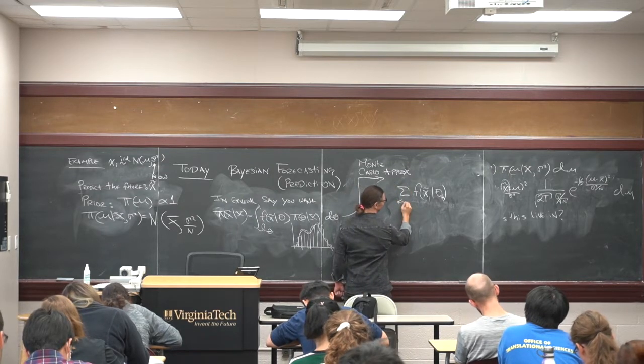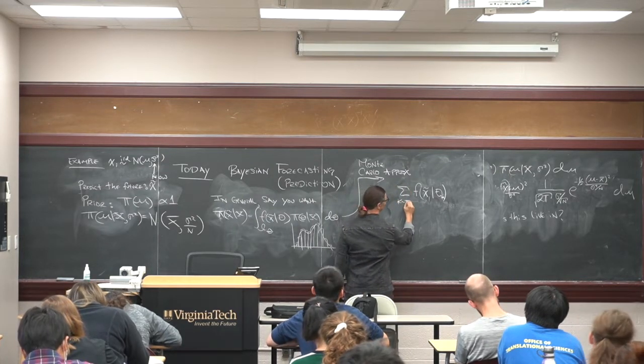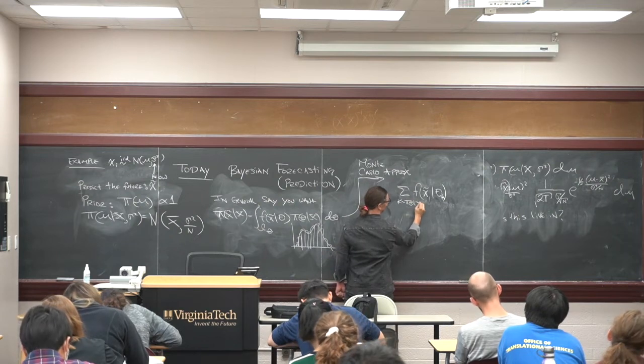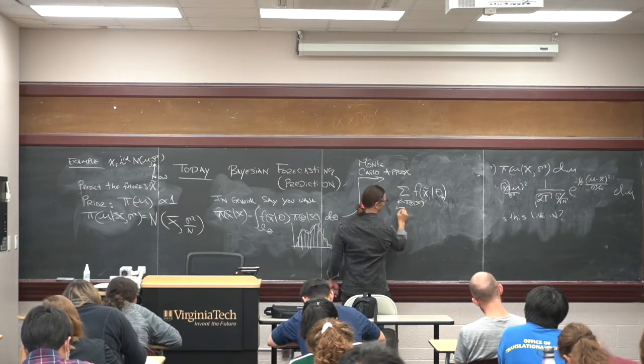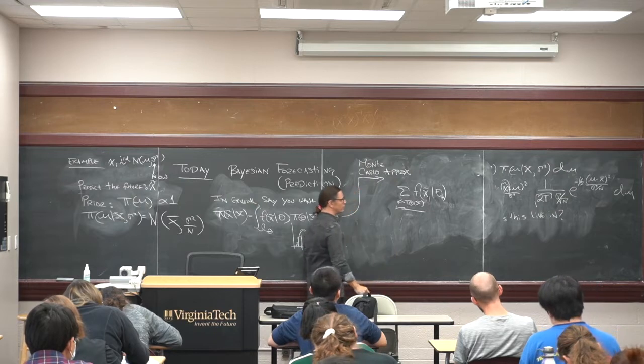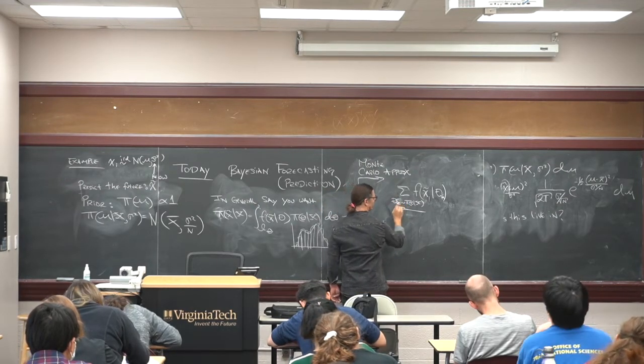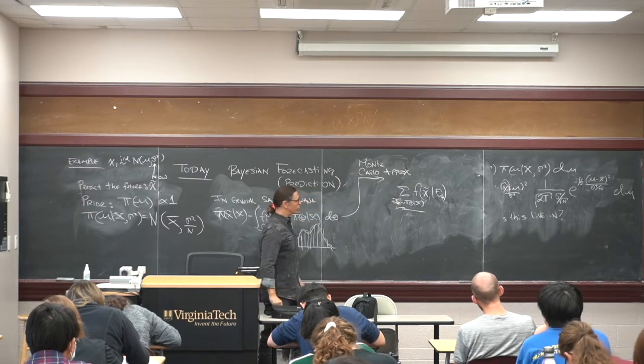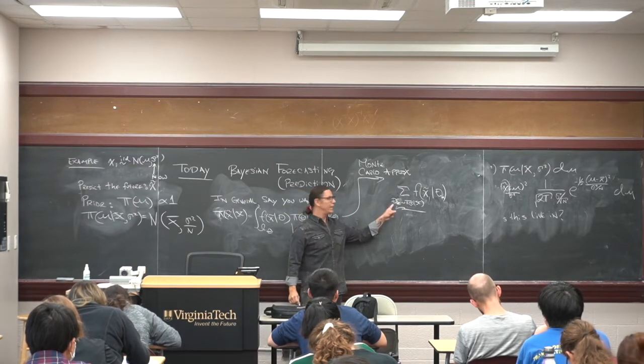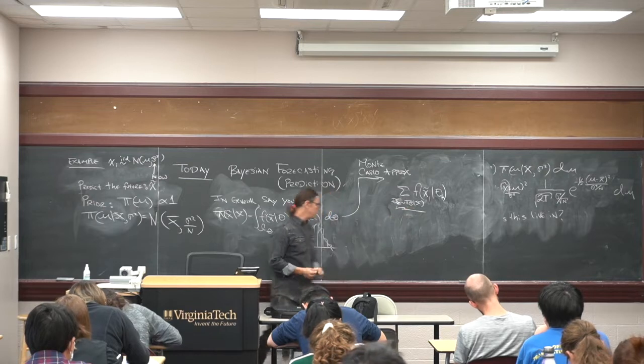I'll call it k. So k is going to be samples from our posterior distribution. Let's call this theta k. It's going to come from our posterior. So what I mean when I write this down, theta k comes from our posterior.